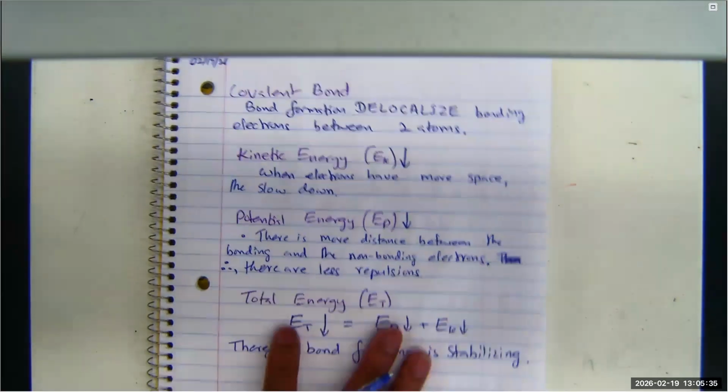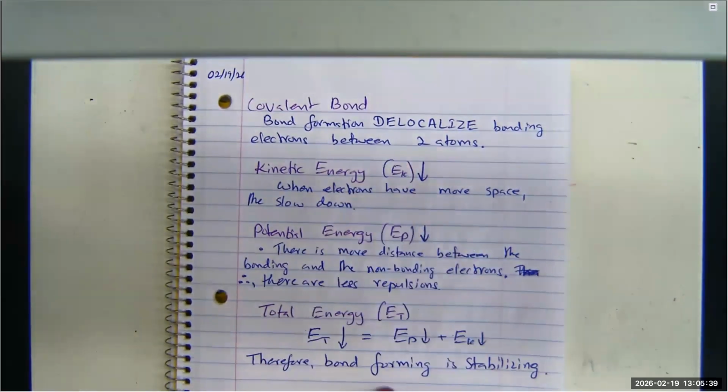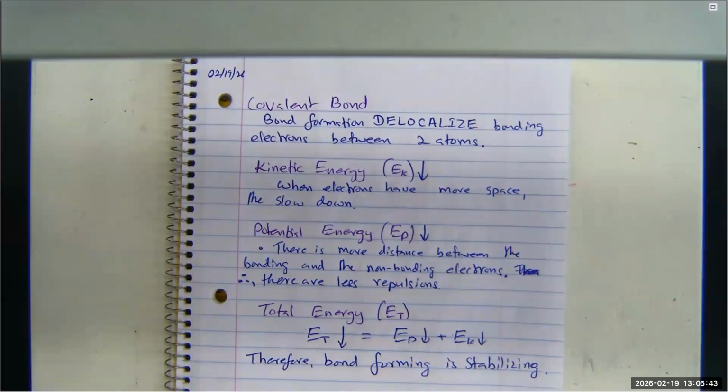So now remember, this goes without saying. If bond forming is stabilizing, what can you tell me about bond breaking? It's destabilizing. Why? It should be the reverse of all these things. Due to bond breaking, the electrons get localized between the atoms.